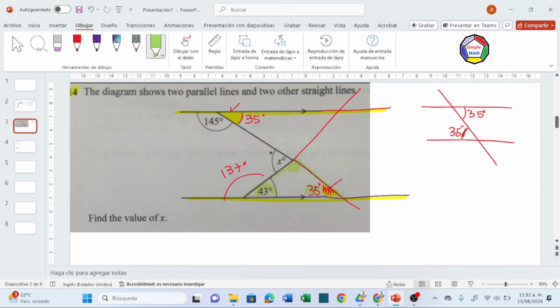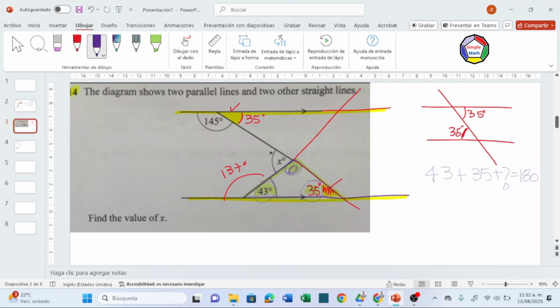So what do we have? We have 43, we have 35, and we have this one which is missing. So 43 plus 35 plus this missing angle must equal 180.